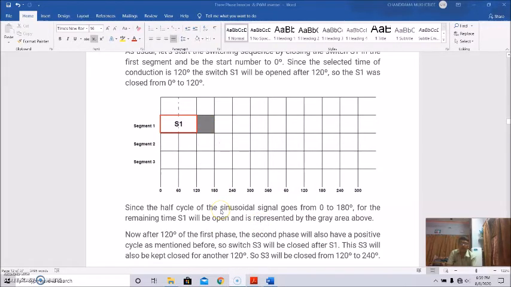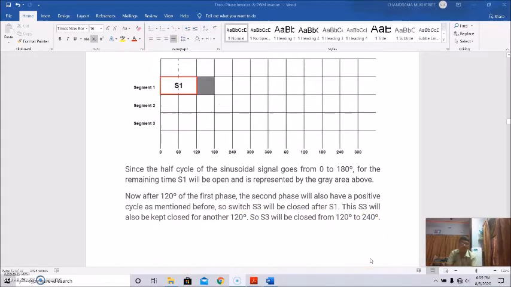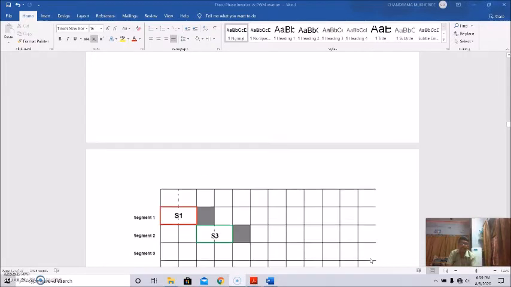Now after 120 degrees of the first segment, the second phase will have a positive cycle as mentioned before. So switch S3 will be closed after S1, and will be kept closed for another 120 degrees. S3 will be closed from 120 to 240 degrees, shown here.